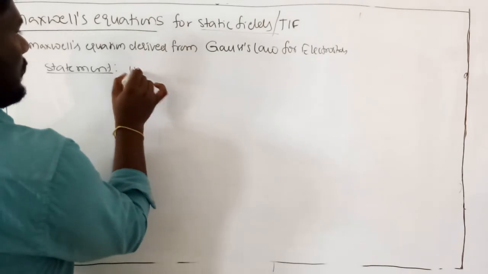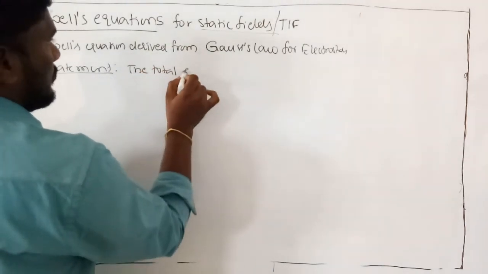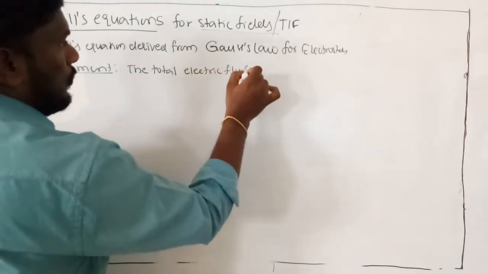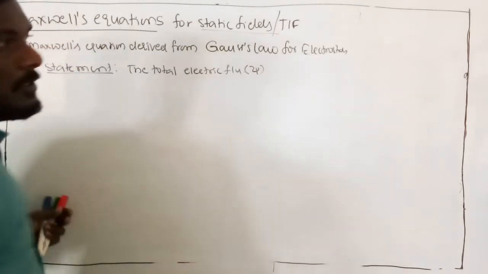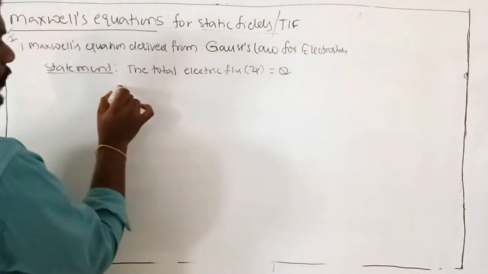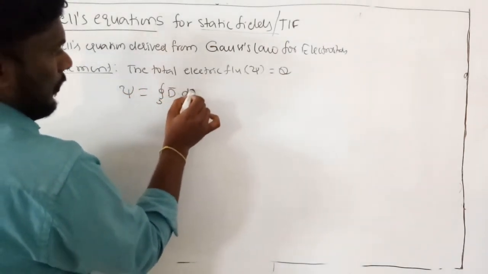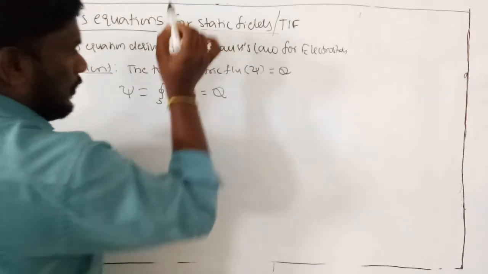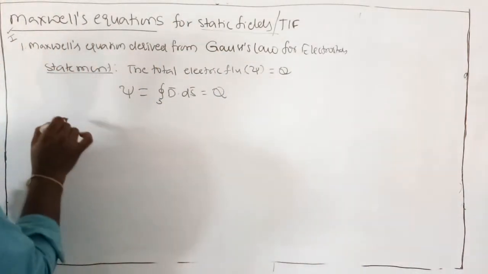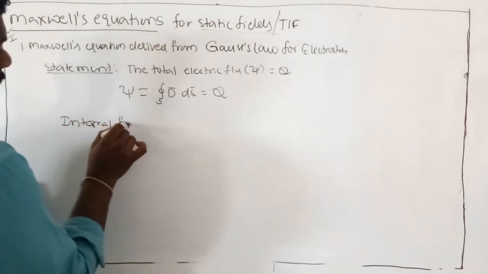The total electric flux passing through any irregular surface area is equal to the charge enclosed by the surface area. That means psi is equal to Q, or psi is equal to the surface integration of D bar dot ds bar equals Q.